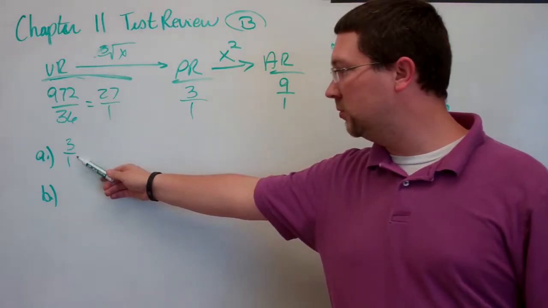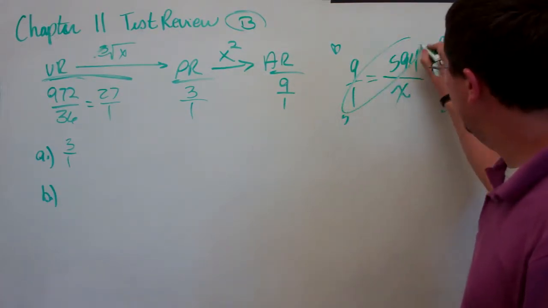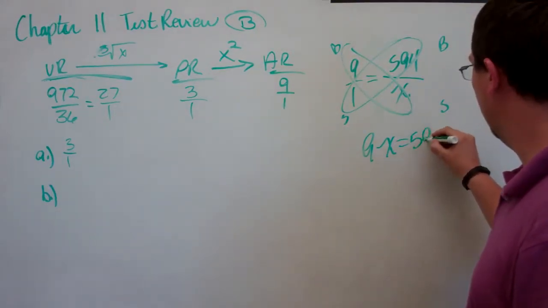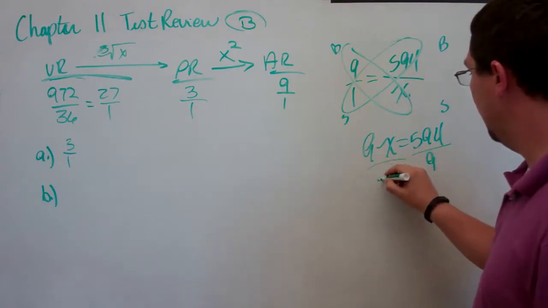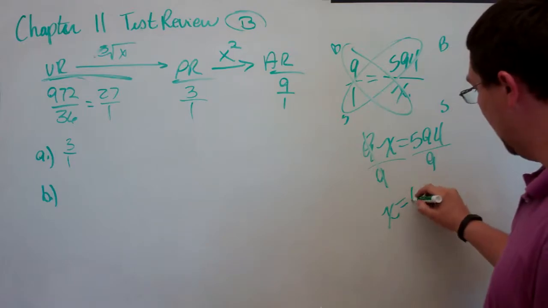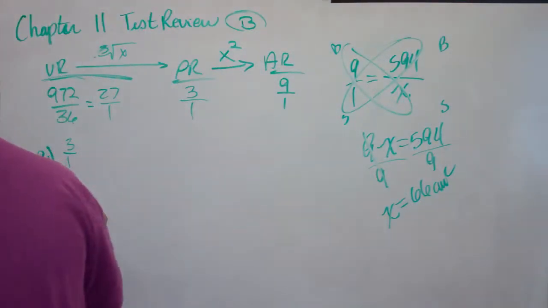Here, if you wrote this as 1 over 3, you're still okay because they didn't say the ratio of the larger one to the smaller one or the smaller one to the larger one. So you can technically write it any way you want because they didn't specify. Okay? So now that we have our proportion here, you simply cross multiply. 9x equals 594. Divide both sides by 9. So x, which is the surface area of the smaller one, is 66 centimeters squared.